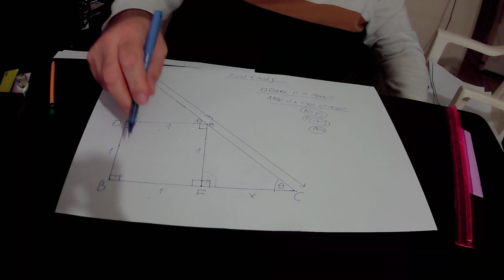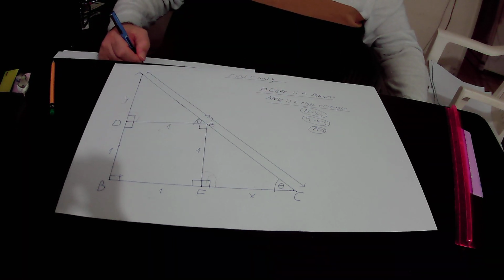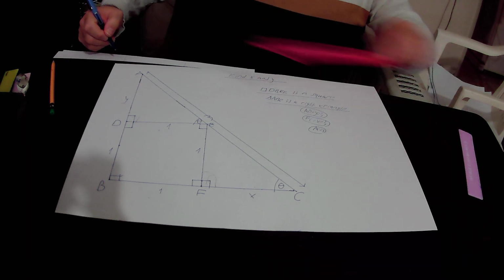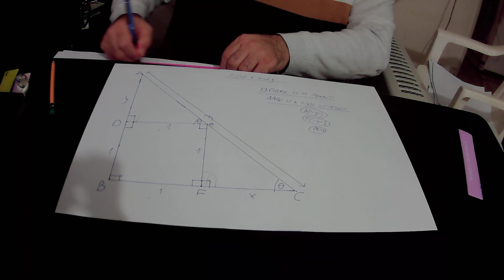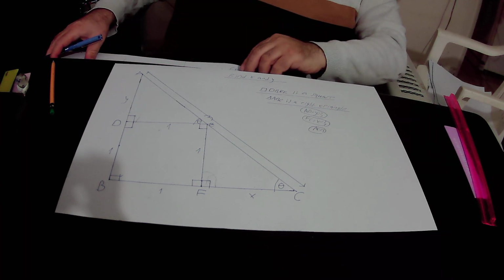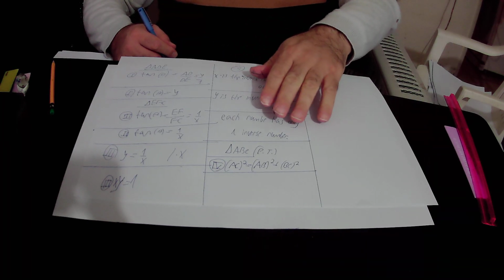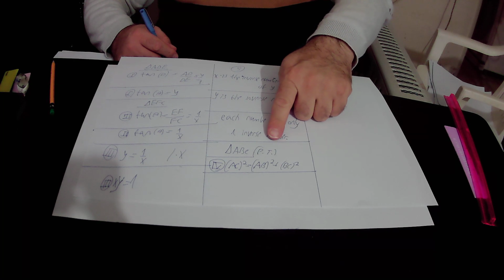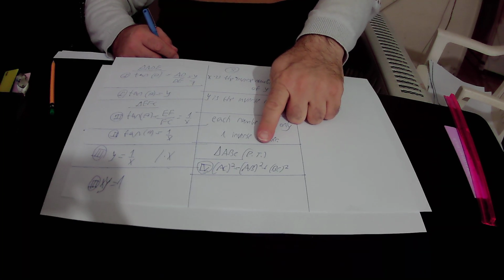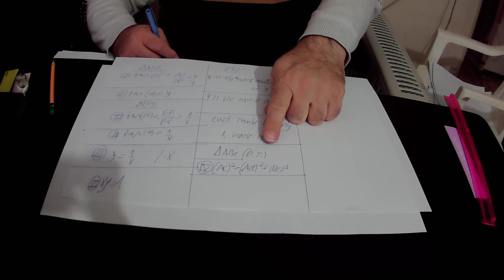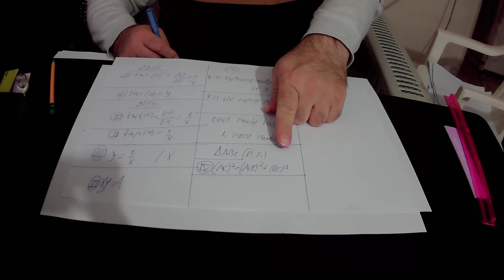That is to say, it equals AB squared plus BC squared. I'll repeat again. In the right triangle ABC, according to the Pythagoras theorem, AC squared equals AB squared plus BC squared.